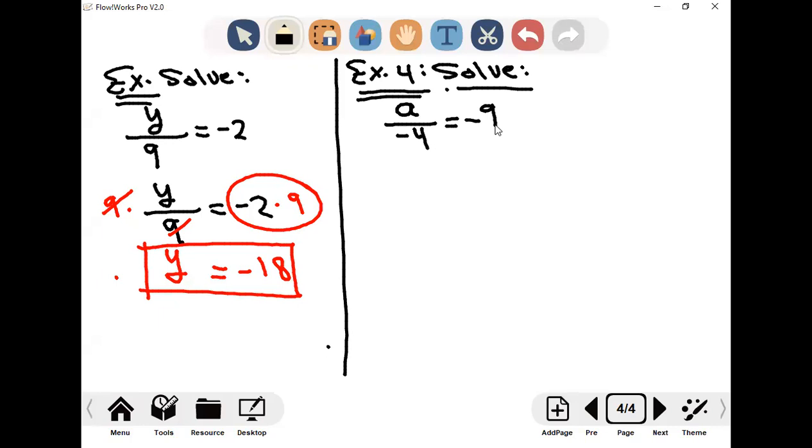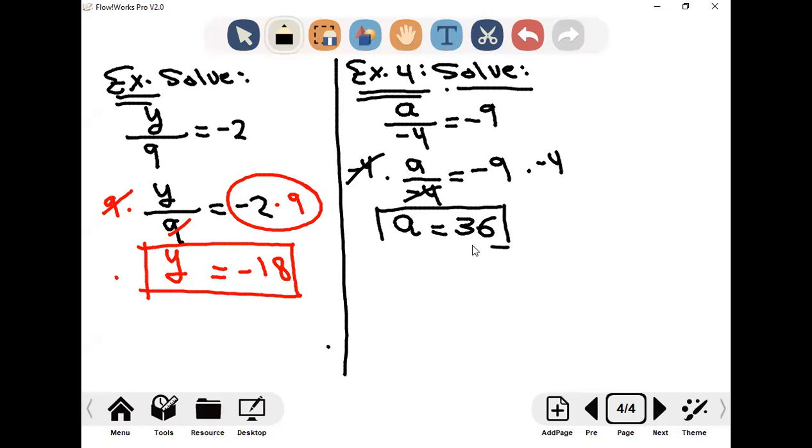So I will multiply both sides by... So here I will rewrite the equation and I will multiply both sides by negative 4. These are gone. What is still here? Multiply, positive. Done? Let's do the check.